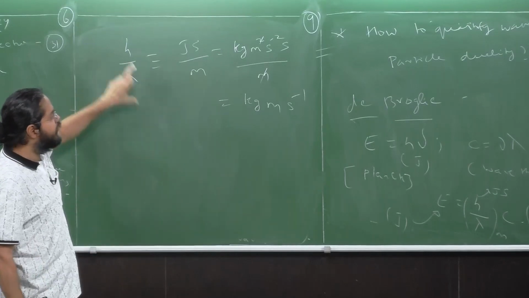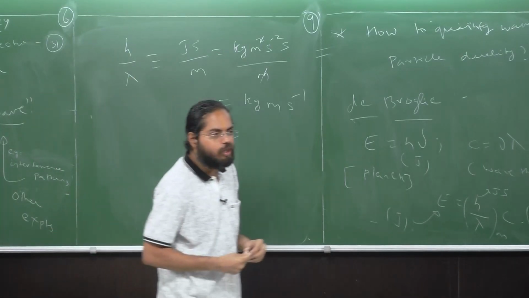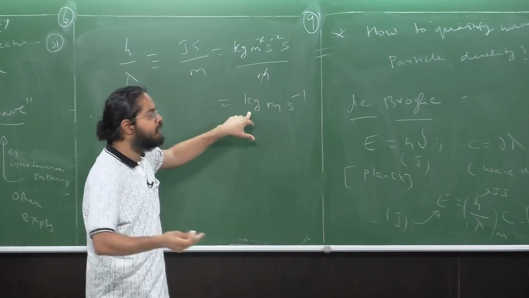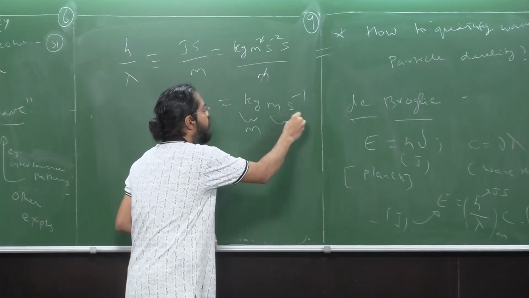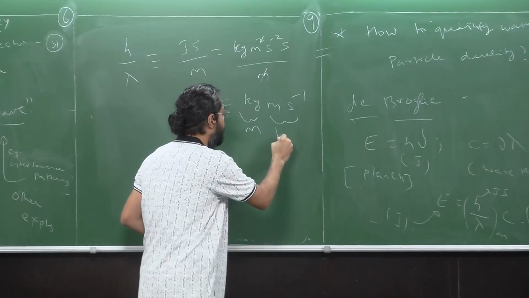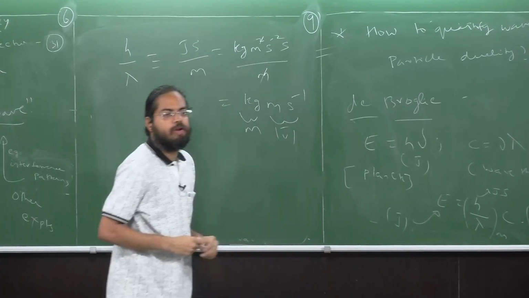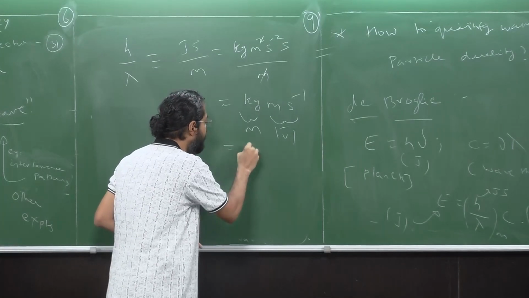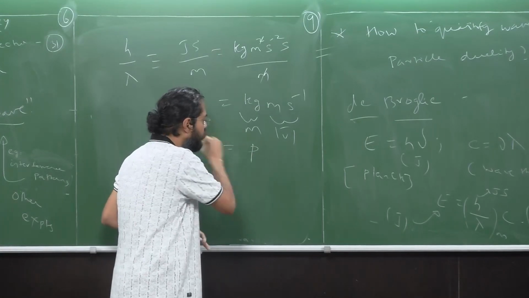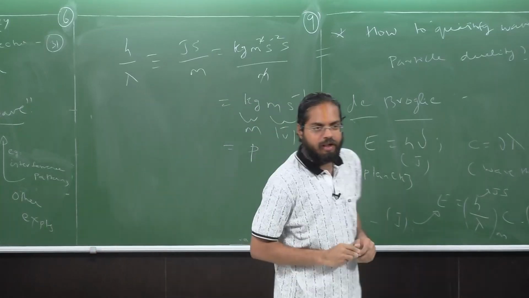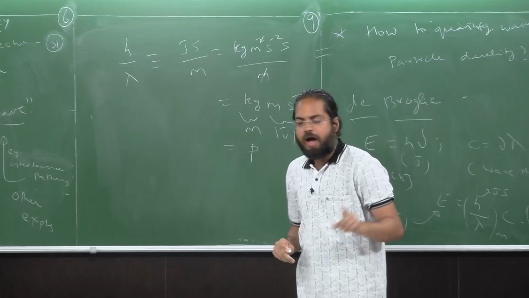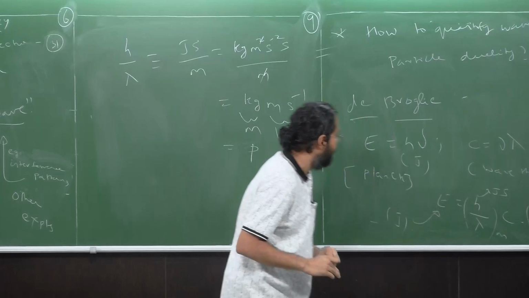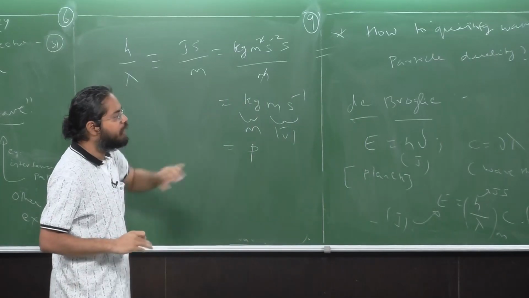So dimensionally, what physical quantity does this correspond to? Kilogram, which is mass. And meter per second is velocity, the magnitude of velocity. So what is this overall? This is nothing but momentum, some measure of momentum. I'll just write it as p. Do you understand how, dimensionally, this h by lambda corresponds to a momentum?